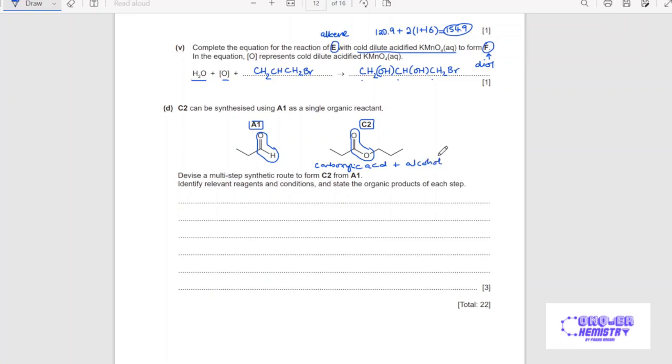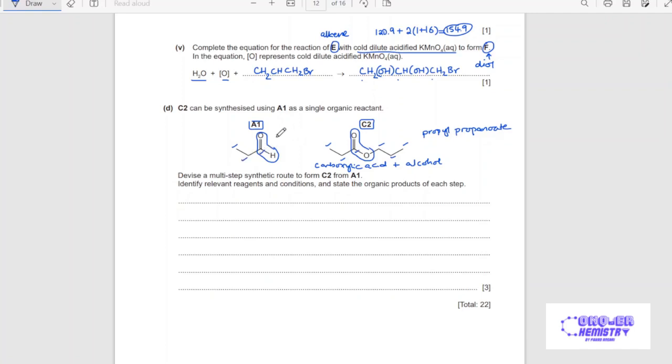Now the interesting thing is that the carboxylic acid used over here has 1, 2, 3 carbon atoms, and the alcohol also contains 1, 2, 3 carbon atoms. So this ester C2 is actually just propyl propanoate. And if you look at A1, it has 1, 2, 3 carbon atoms.